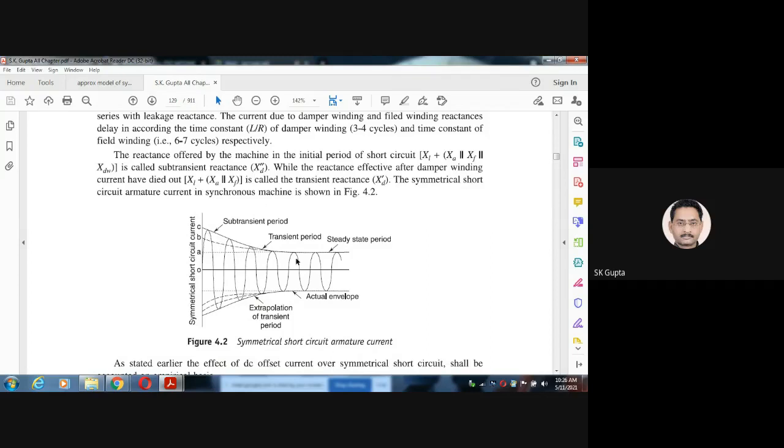When there are different reactances, consider the steady state current. If the reactance is the same throughout, the current will be like this.